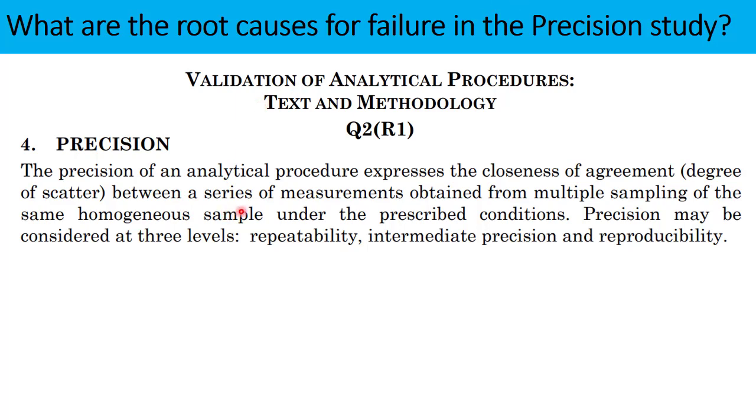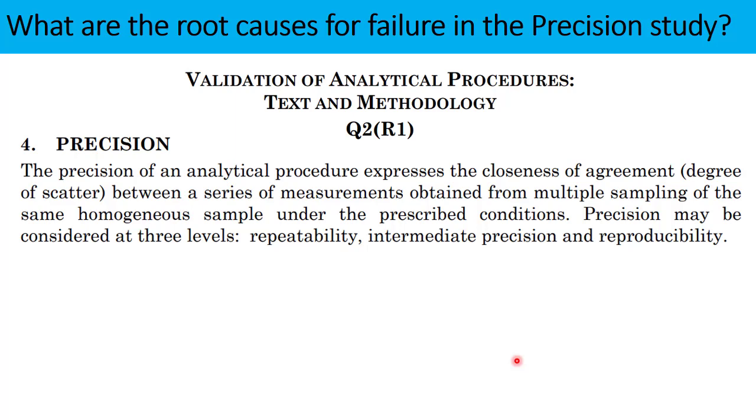So the precision of an analytical procedure expresses the closeness of agreement or degree of scatter between a series of measurements obtained from multiple sampling of the same homogeneous sample under the prescribed conditions. So you are going to analyze some number of samples as a part of the precision study, and you are going to assess how closely the results are associated with each other.